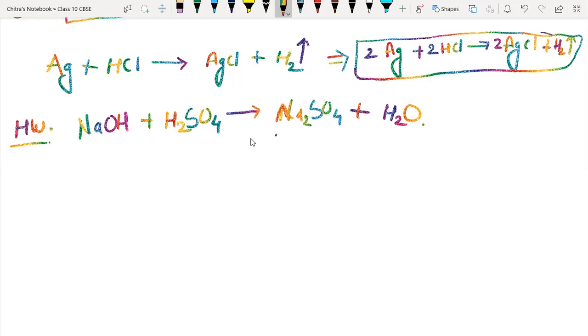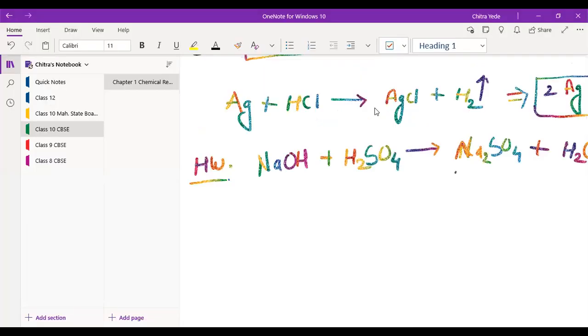Okay, so let me check how much time we have. We have only 7 minutes left. No, because we have the Zoom session only for 40 minutes. So we are getting only 40 minutes. Probably by next month we will use another application.